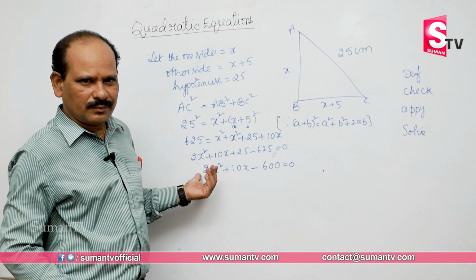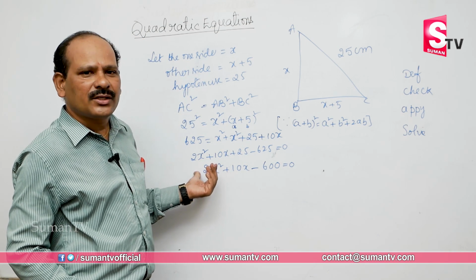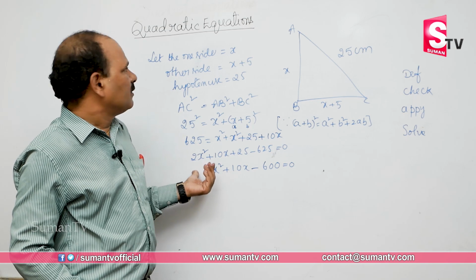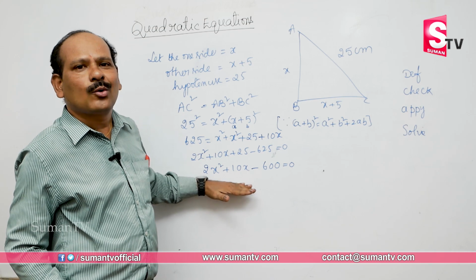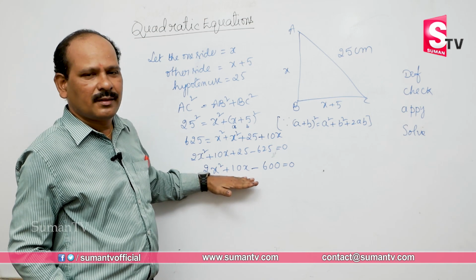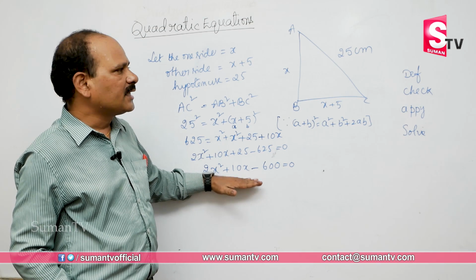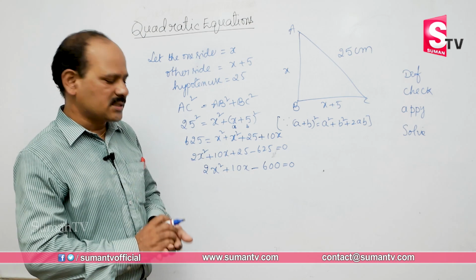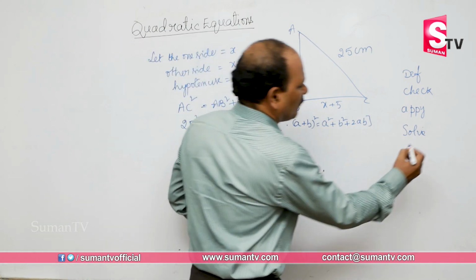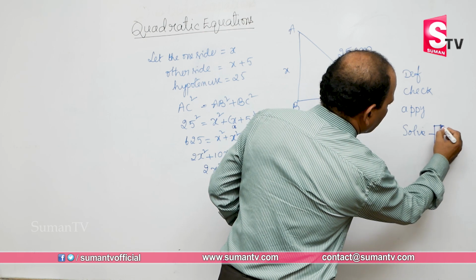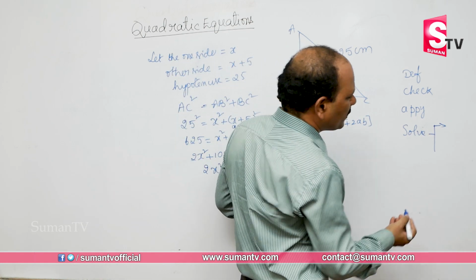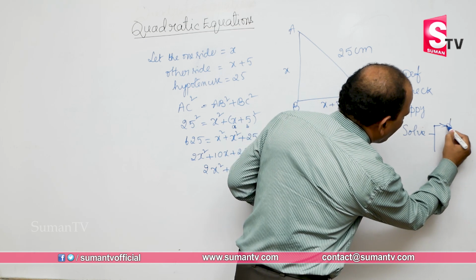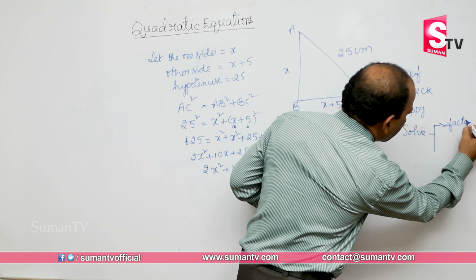Now we reached the quadratic equation form. Like this, these problems can be solved by using the quadratic equation. Once we frame the quadratic equation, the final step, that is the solution, can be found by two methods. One is the factorization method.